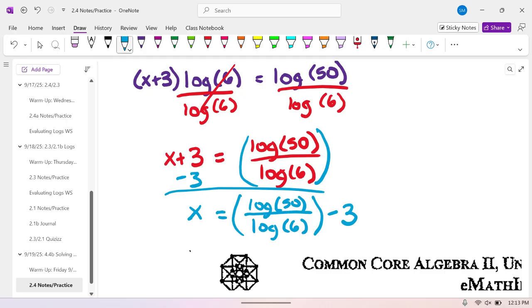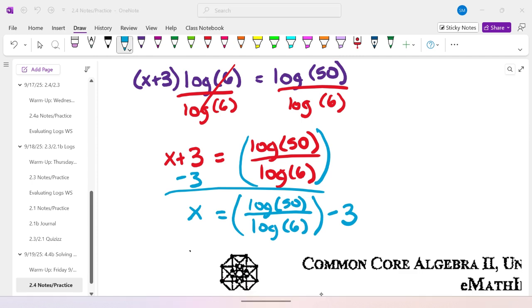My recommendation is to do this in parts when you put it in your calculator. So do the log of 50 divided by the log of 6 first, get that answer, and then immediately hit minus 3 afterwards to get the total answer.